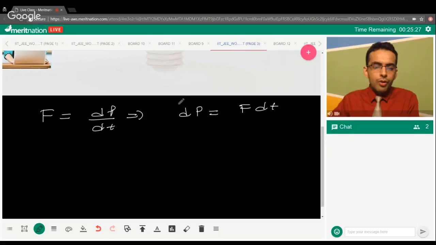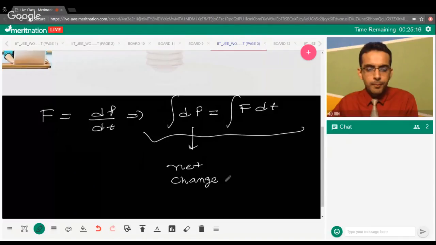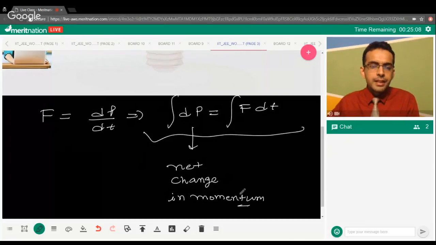When you integrate this, you get the net change in momentum. So the area of the F-t curve represents the net change in momentum, right?